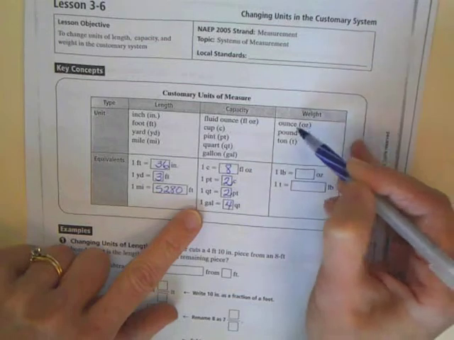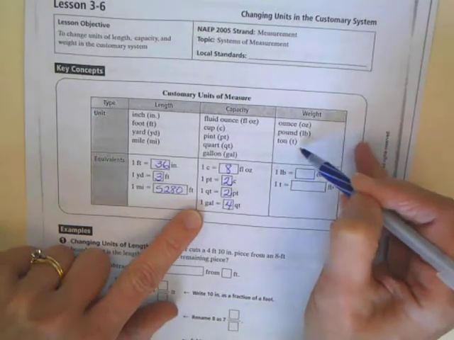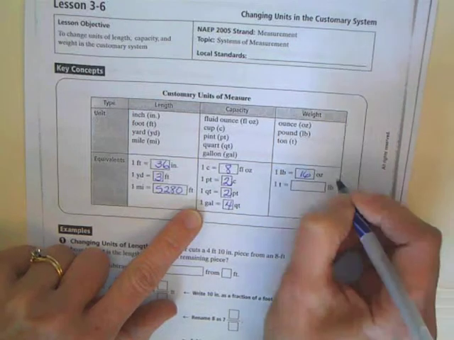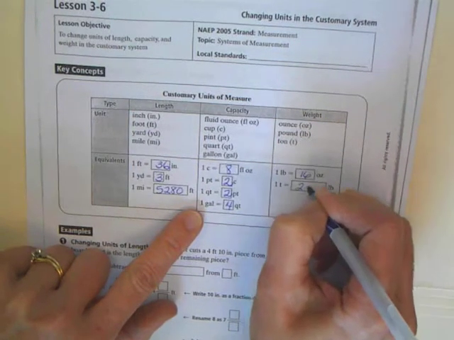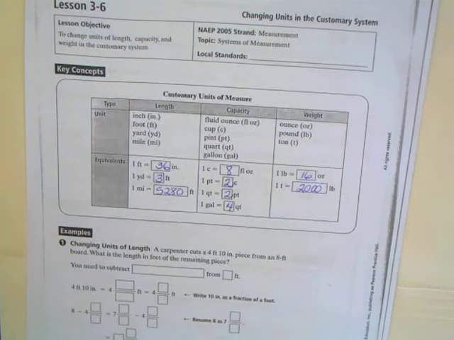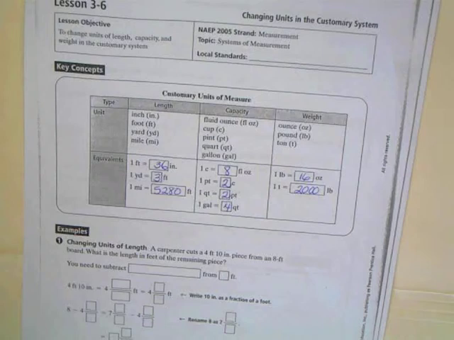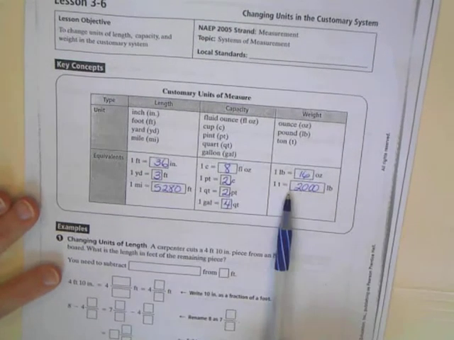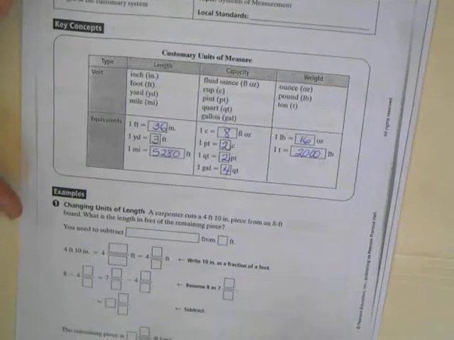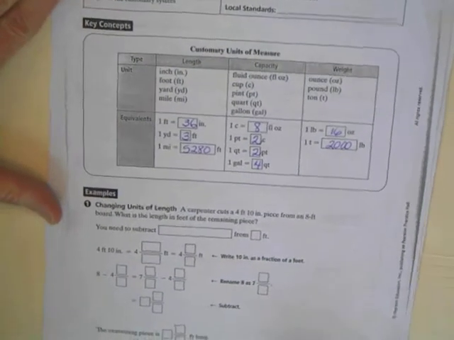And our weight units, ounces, pounds, and tons. 1 pound is 16 ounces. 1 ton is 2,000 pounds. Now, I wouldn't say absolutely memorize this, but you should be very familiar with these so you could at least know if what you're doing is somewhat correct or not.